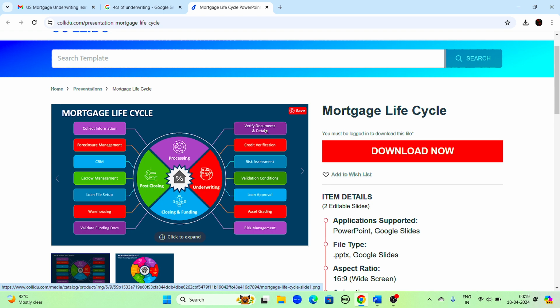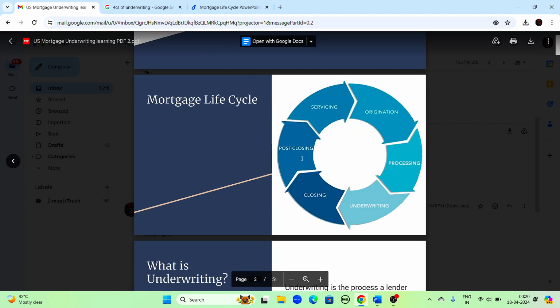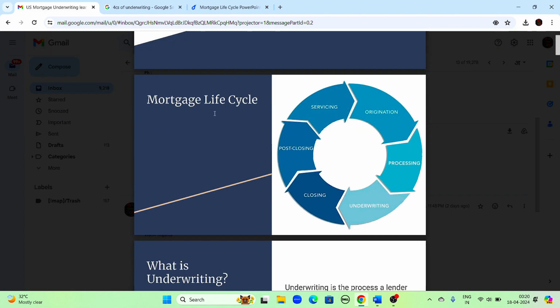On one more side, we verify the documents, credit verification happens, risk assessment, validation conditions, loan approval, asset grading, and risk management. So we have post closing, underwriting concepts, closing and funding, and the loan processing. Okay, let's get back to this mortgage life cycle.